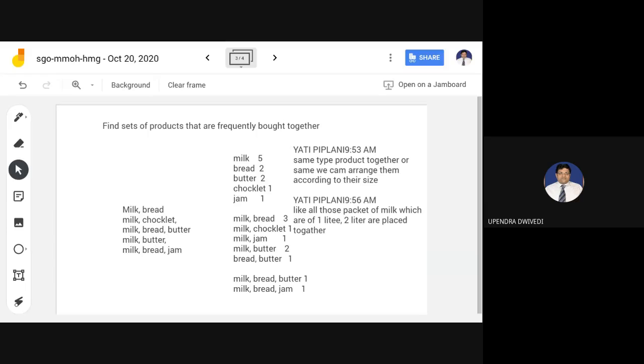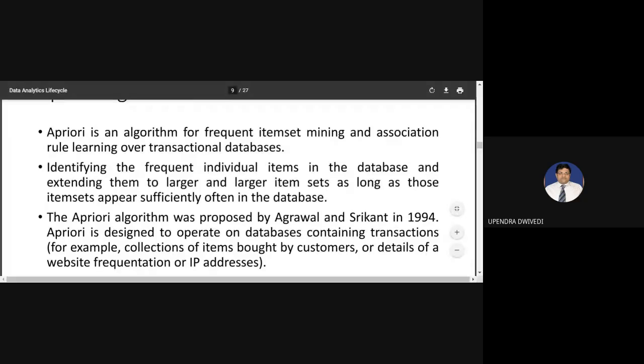The same thing is applicable in the Apriori algorithm. We are identifying the frequent individual items in the database and extending them to larger and larger item sets. First we'll find the frequent items in the database.